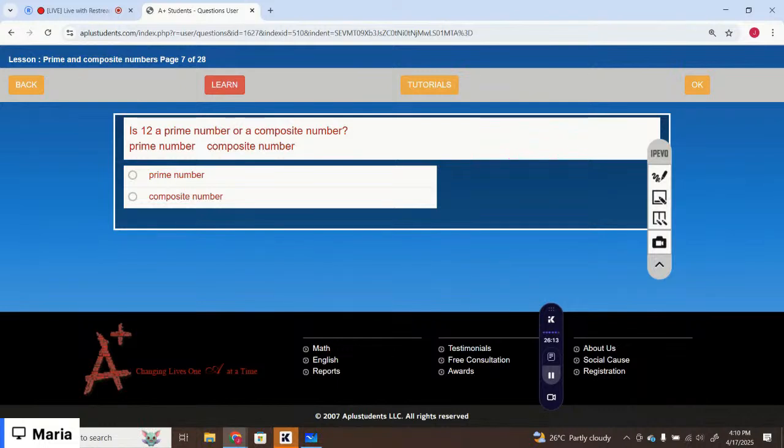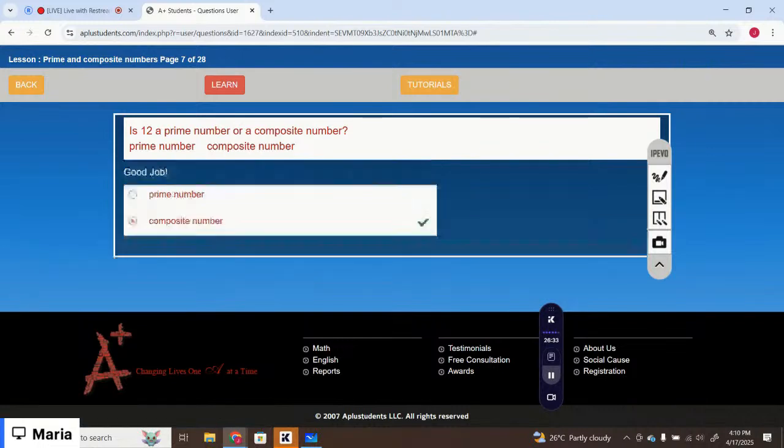Is 12 a prime number or a composite number? Twelve is a composite number.